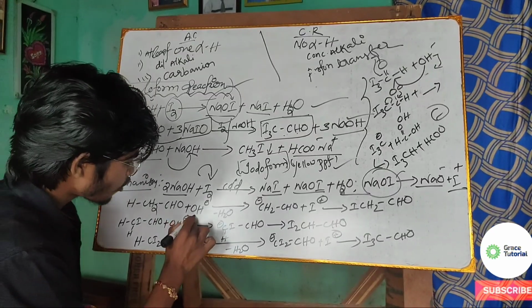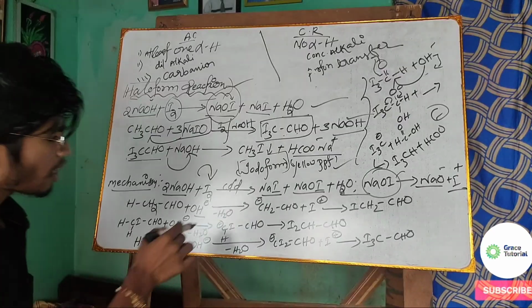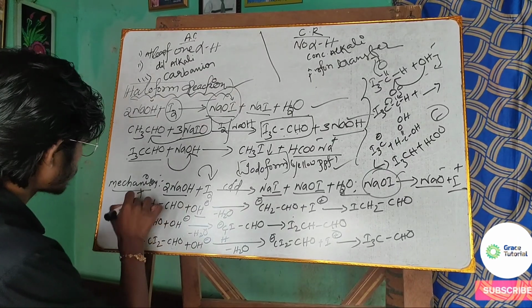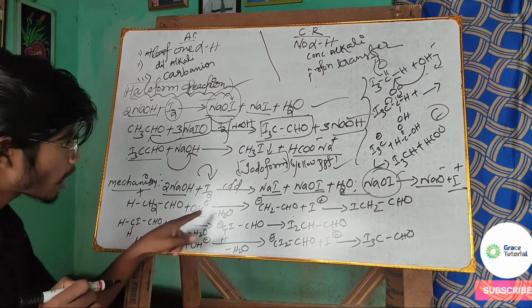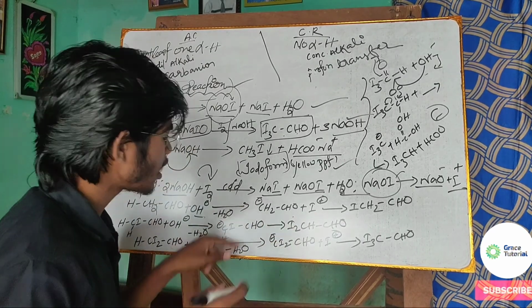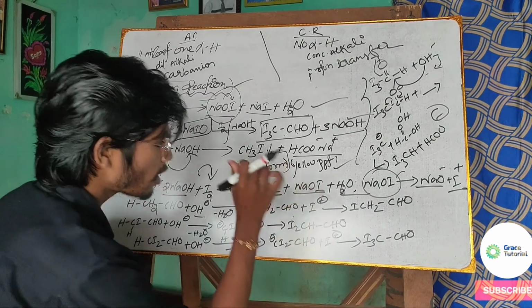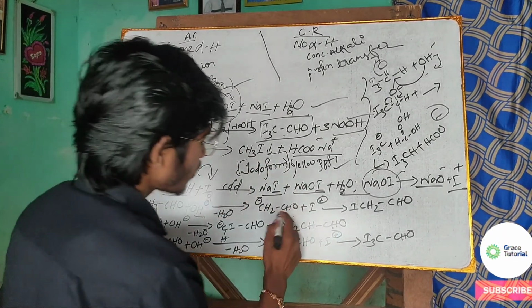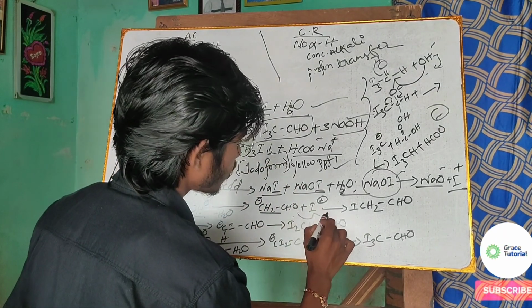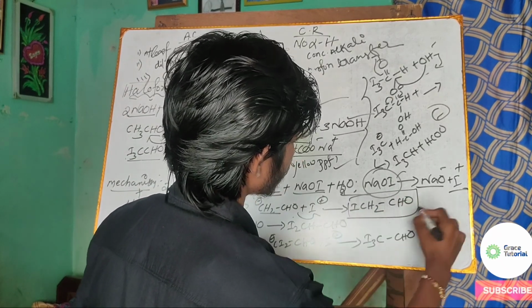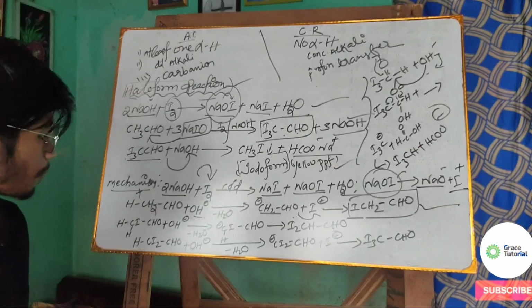When this acetaldehyde reacts with alkali, water is removed and finally it gives a nucleophile, CH2CHO minus. This nucleophile reacts with iodine to give ICH2CHO. The iodine is attached to the compound.